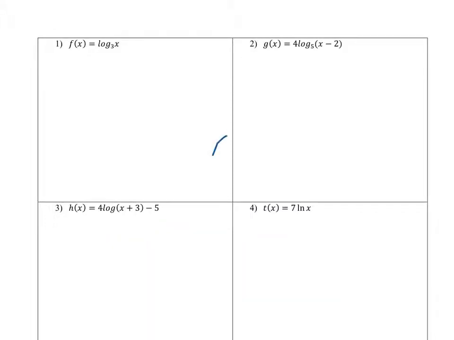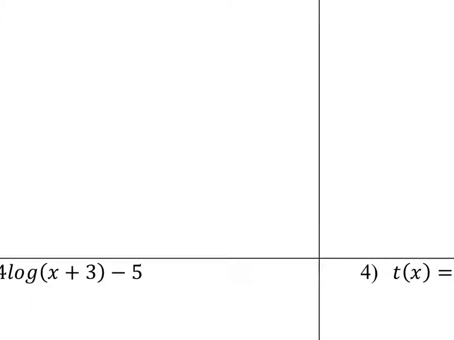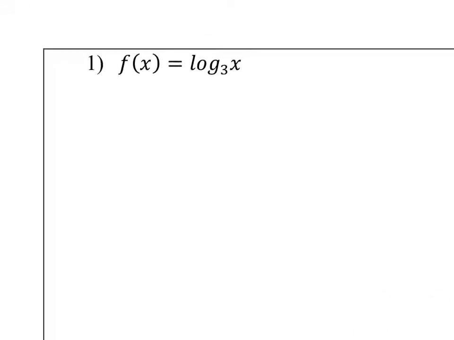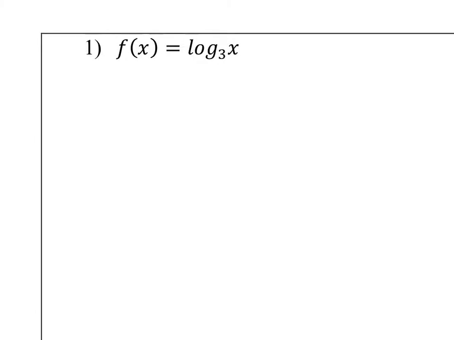All right, so now we are going to find the inverse of log. So we're just going to go the other way. The process is basically the same though. We've got to isolate the log and solve. So x equals log base 3 of y.